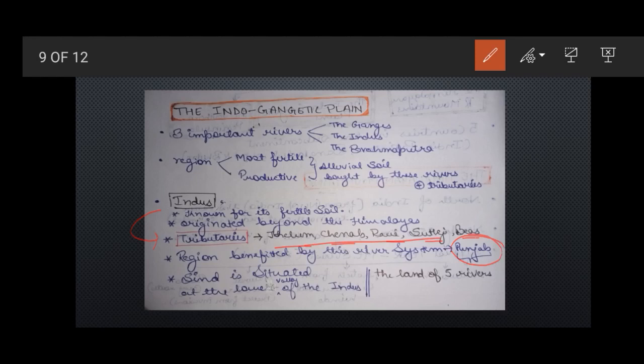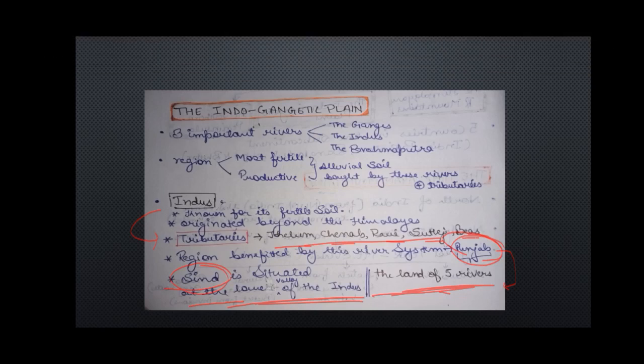That's why the meaning of Punjab itself is the land of five rivers. Why? Because Jhelum, Chenab, Ravi, Satluj and Beas drain this particular region the most as compared to other regions. Now, in the lower valley of the Indus, we can easily find Sindh.